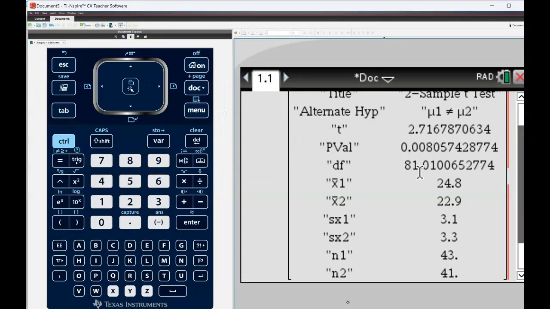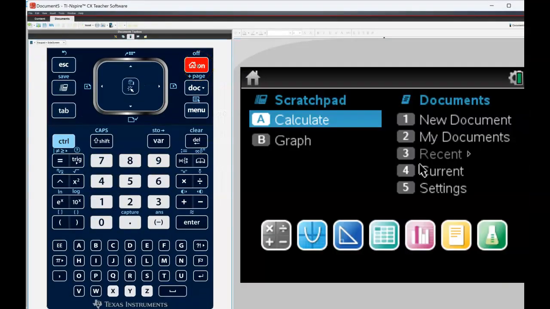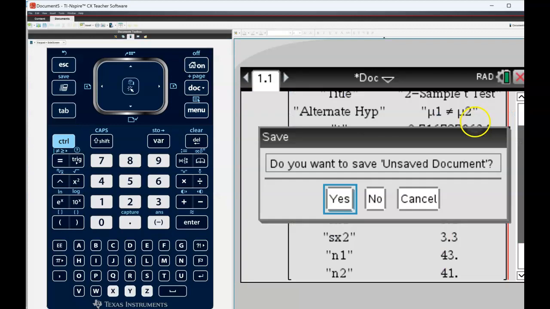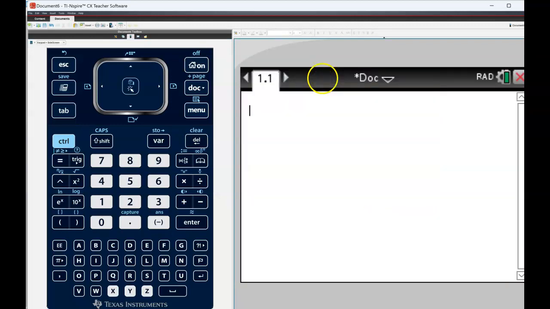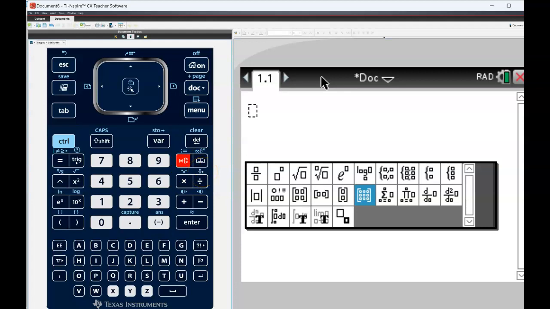So we're going to go into our calculator, and especially with chi-square tests, it's a good idea to set up a new calculator page. So you would go to enter the matrix. You would go to the left of the book key, and you would want to set up a table.